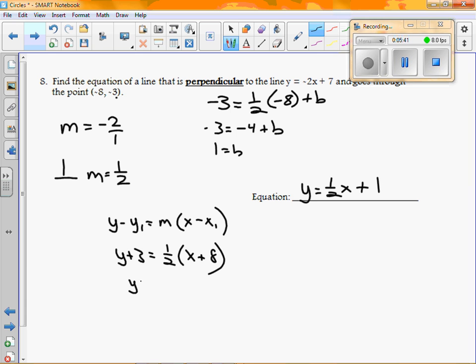So y plus 3 equals 1/2 x plus 4. And I subtracted. I see that I still get the same answer. But slope intercept, point slope. Slope intercept is a great, perfectly fine way of solving it. Point slope is a perfectly fine way of solving it.